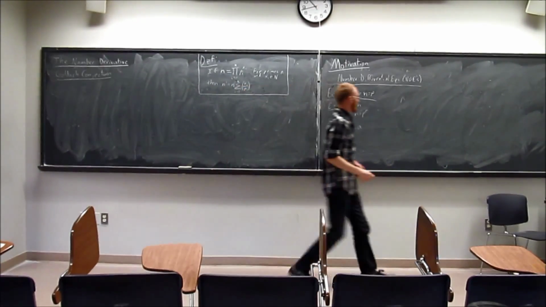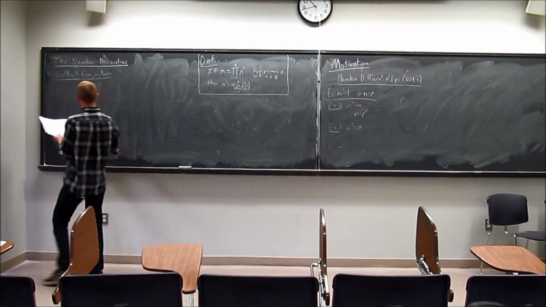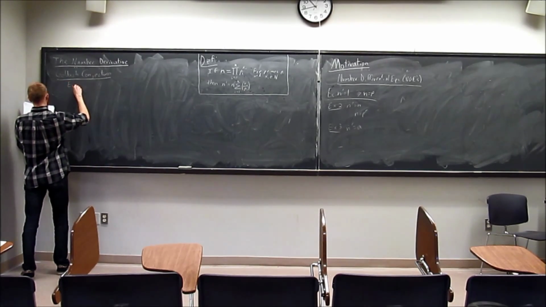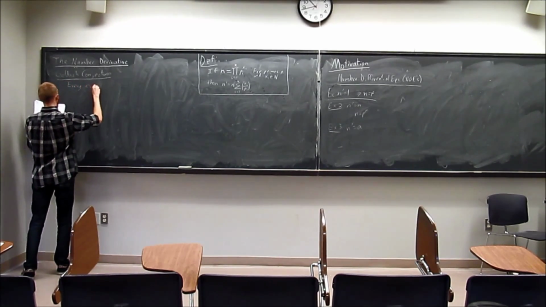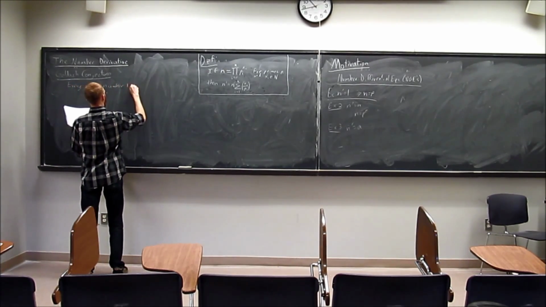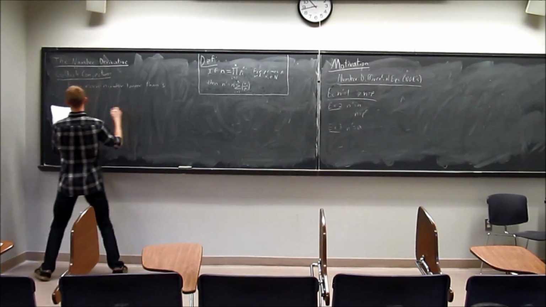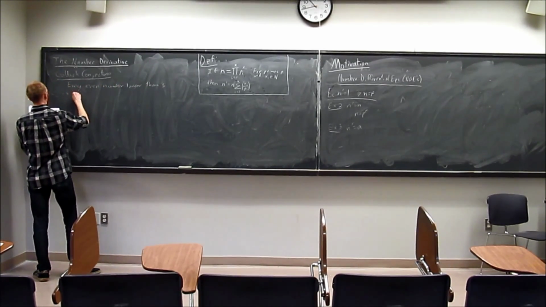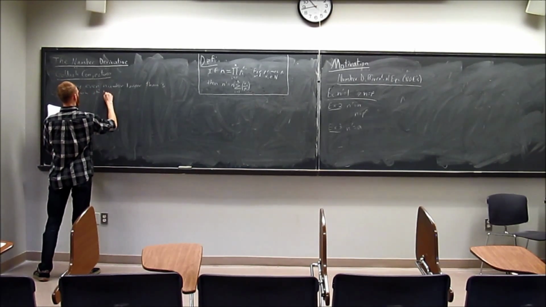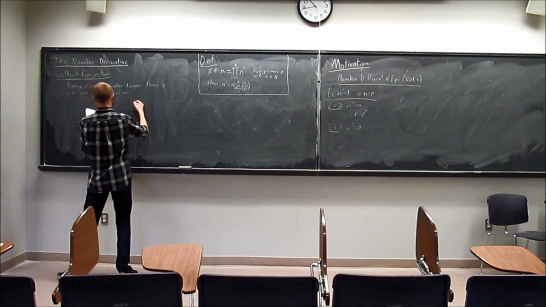And let me grab my paper so I write it down correctly. The Goldbach conjecture states the following: every even number larger than 3 is the sum of 2 primes.